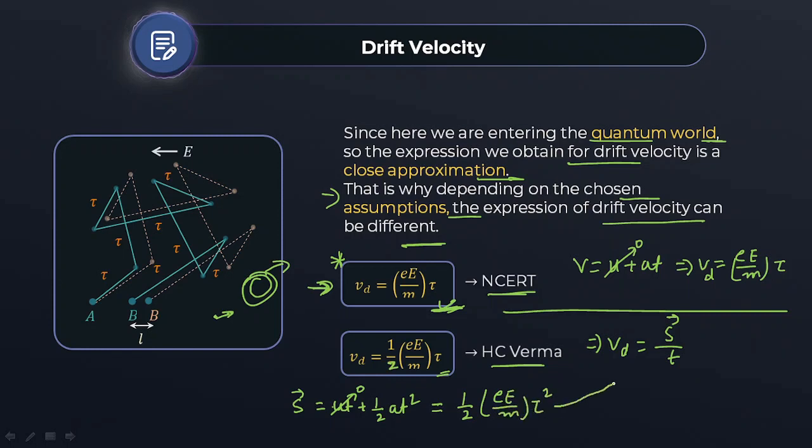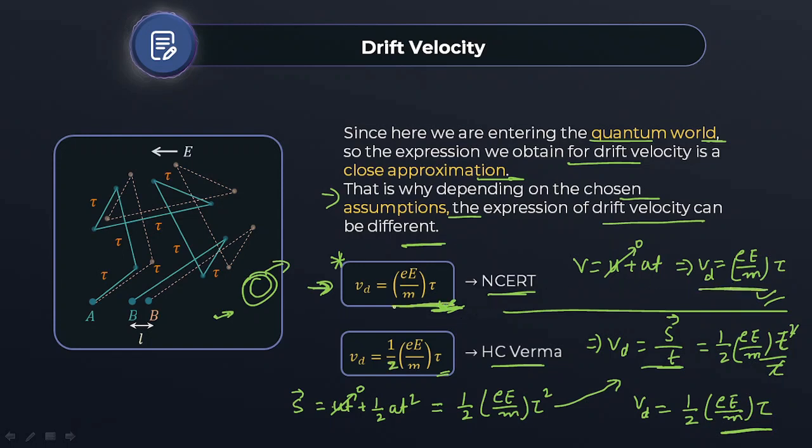Now we can put this value here, so it will be half eE by m into tau square by tau. So one tau gets cancelled and we get v average, or drift velocity, equal to half eE by m into tau.